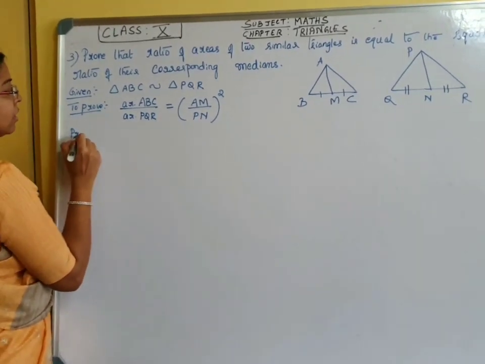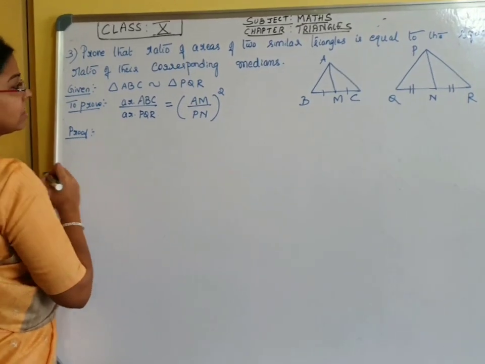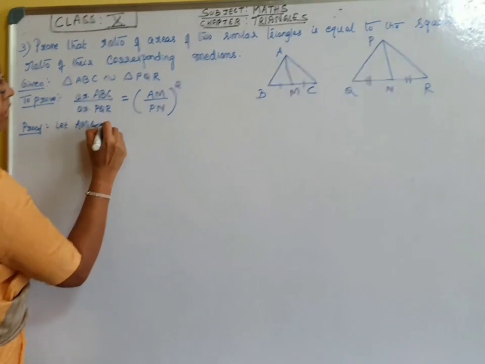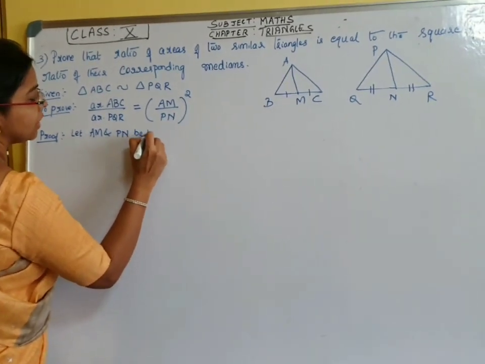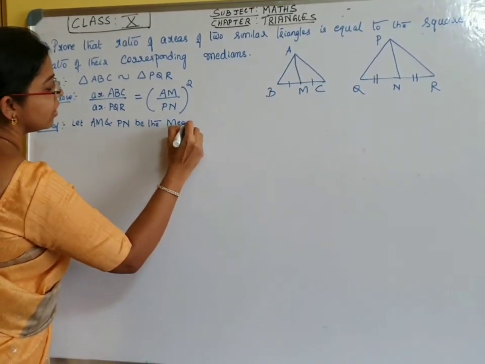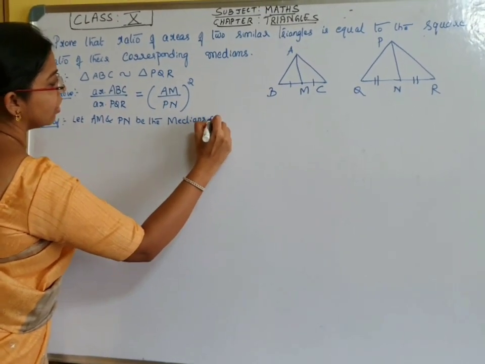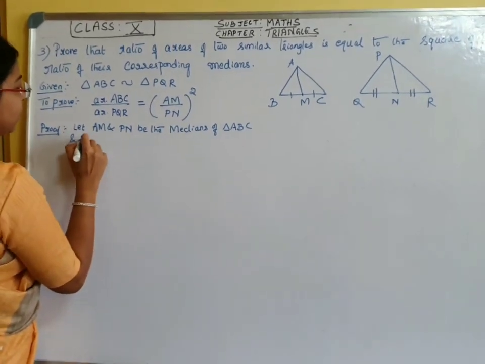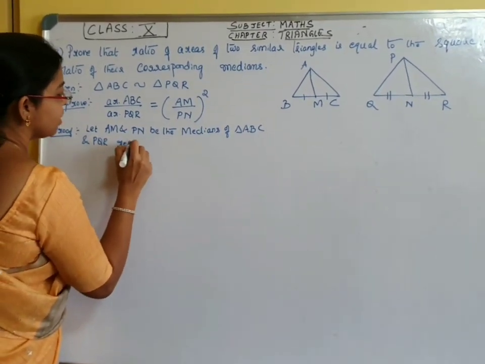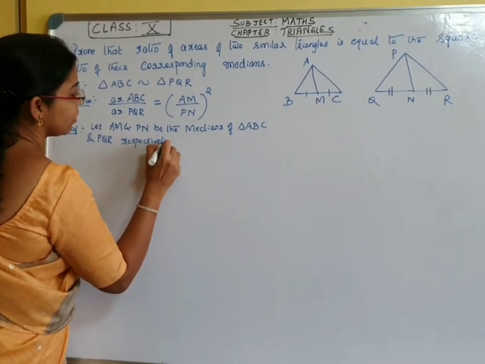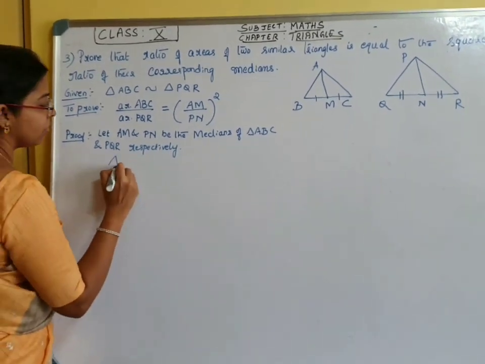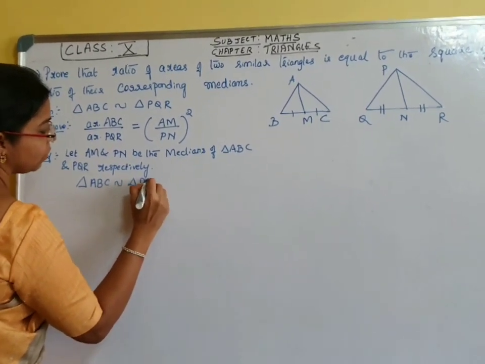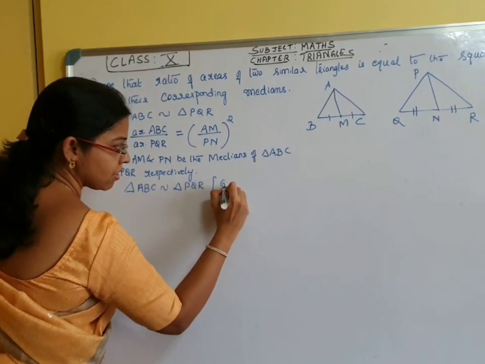Here, if you go to the proof, let AM and PN be the medians of triangle ABC and PQR respectively. We know the triangle ABC is similar to triangle PQR. How? Because it is given.